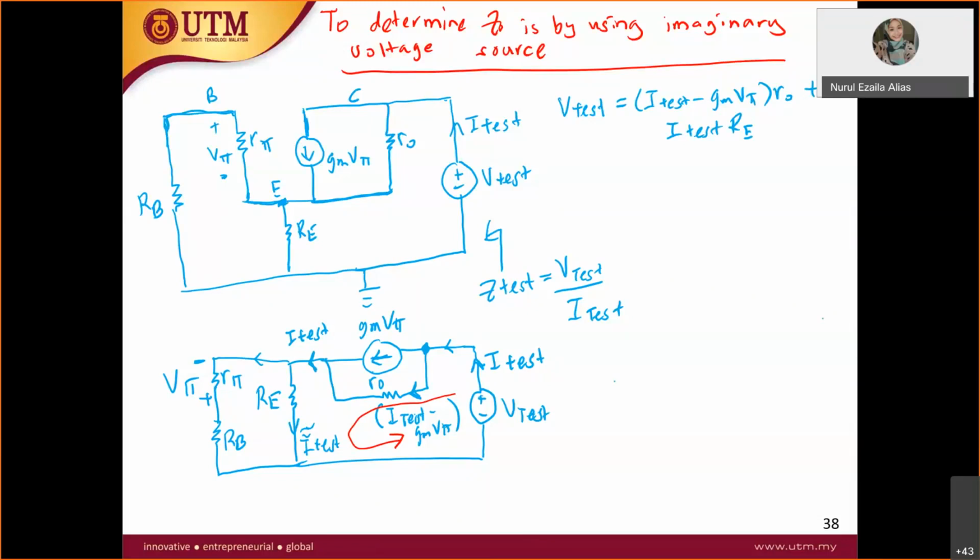What else? Let's say I put this current as I. By using the current divider rule, what will be the I? Since I said current I is across this R pi, I just put it as I. So current I here, by using CDR, is equal to RE over RE plus R pi plus RB, times I test.